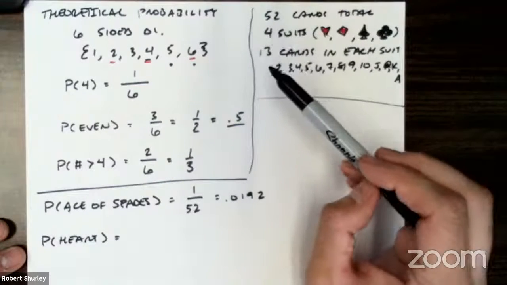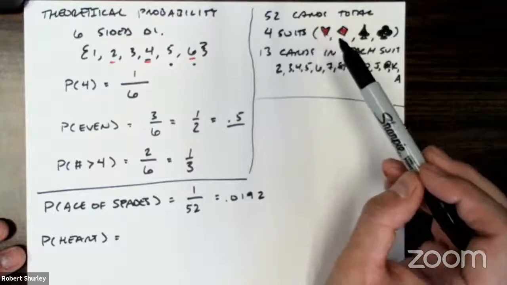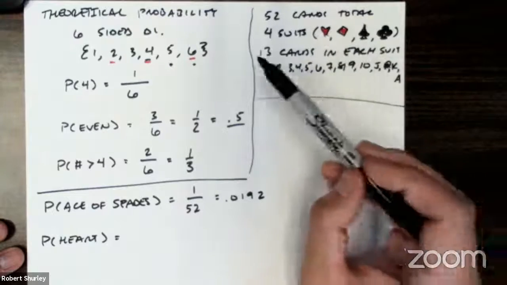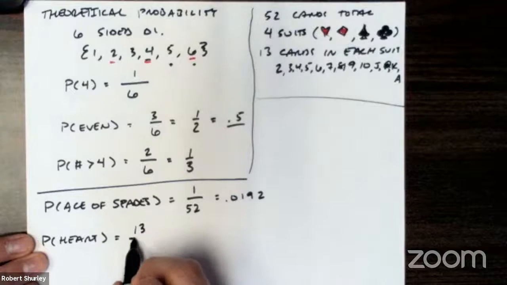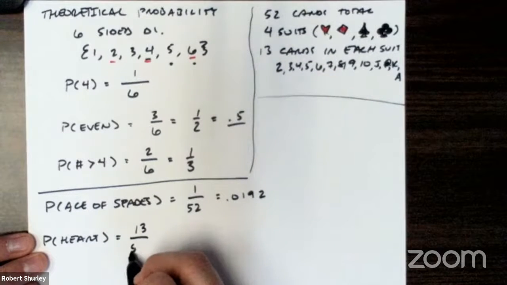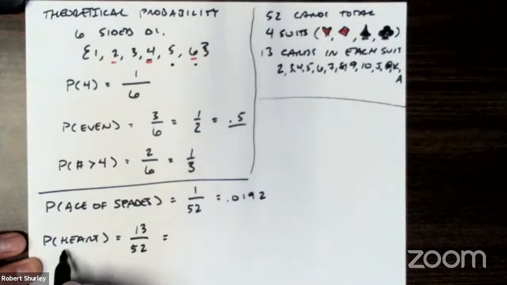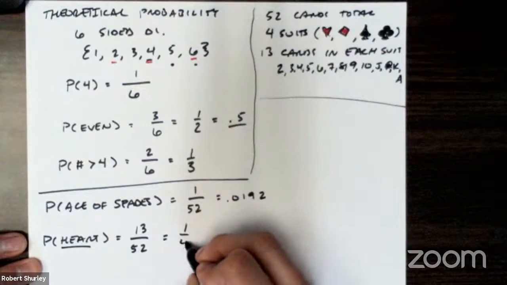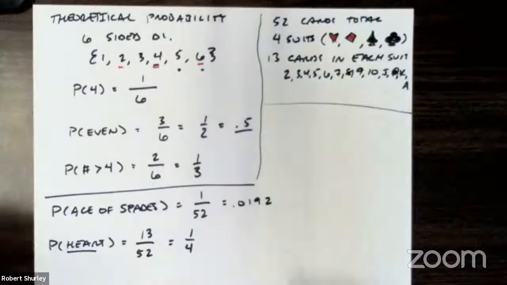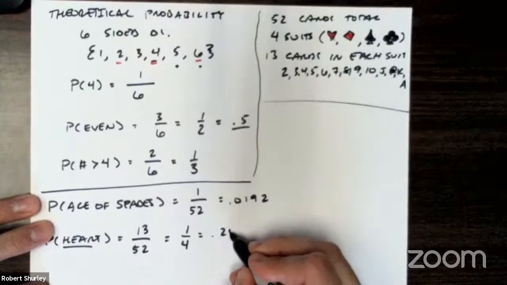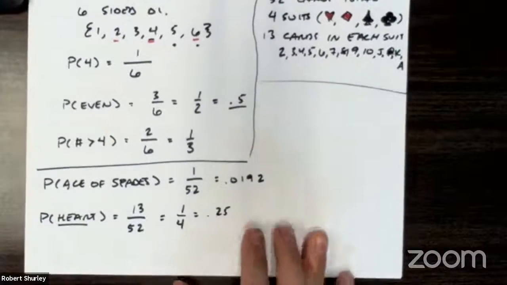If there's 4 suits, and we know that one of those suits is hearts, we know there's 13 in each suit. So I know there's 13 out of 52. 13 out of 52 of those cards are going to be hearts. So that actually simplifies to 1/4 because it's 1 out of 4 suits. 0.25. I got a 25% chance of drawing a heart.